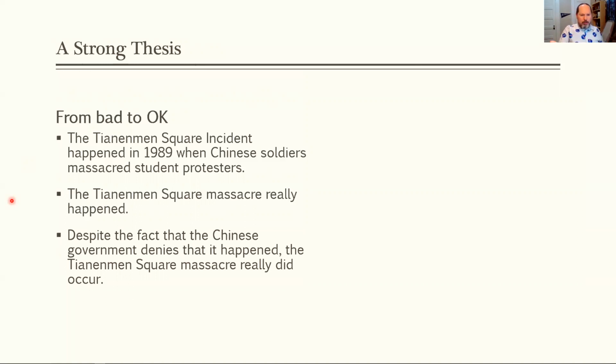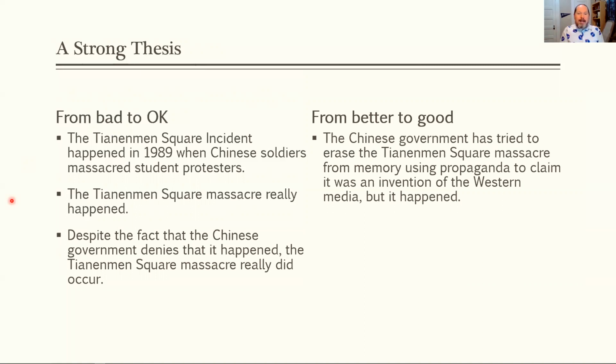You've done some background reading into your topic, right? So you can do better than this. You can give some background. What does the Chinese government say when they deny it happened? They just say it didn't happen? No. "The Chinese government has tried to erase the Tiananmen Square massacre from memory using propaganda to claim it was an invention of the Western media, but it really happened."